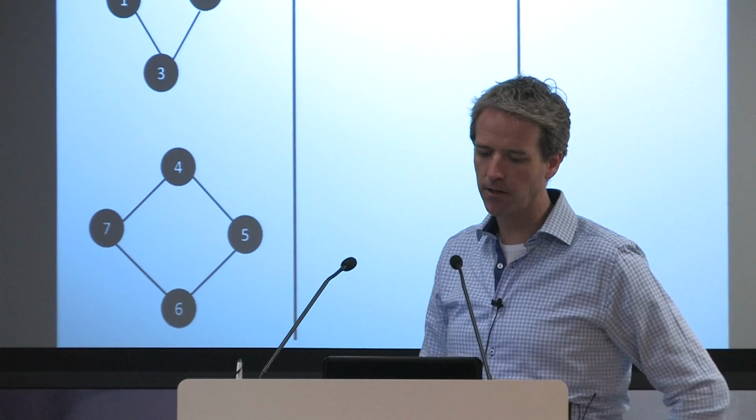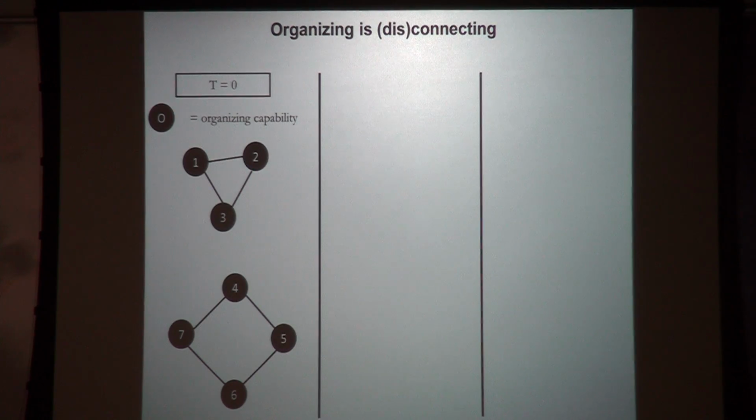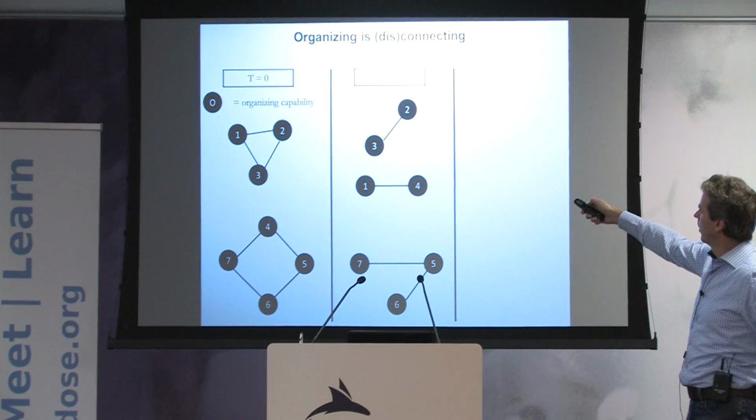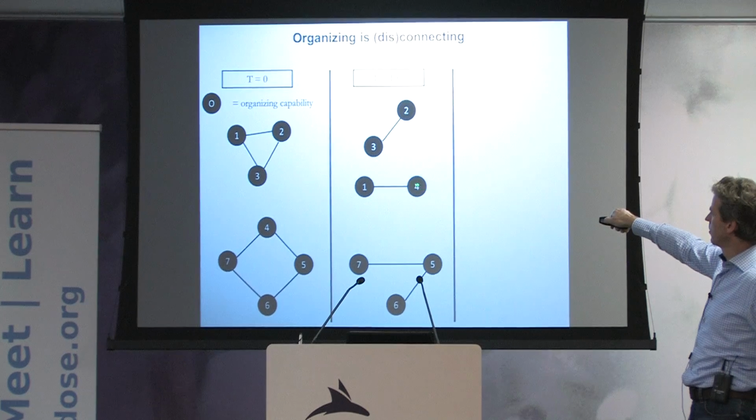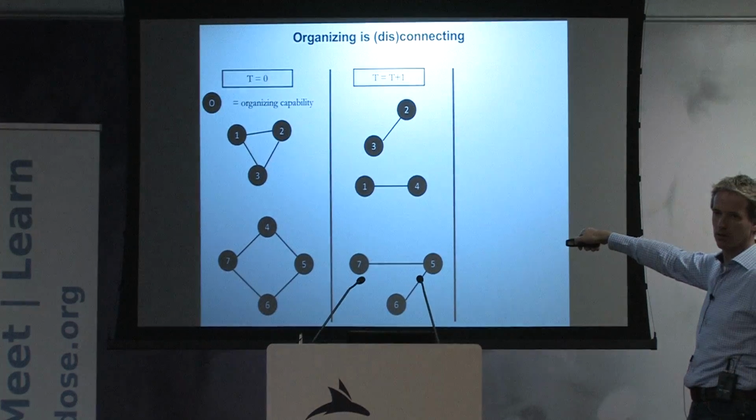So what's organizing? Organizing is connecting and disconnecting. At time 0, these are the smallest building stones, 3 people, and here 4 people working together with certain connections. One week later, we have the same building stones, but we have different connections.